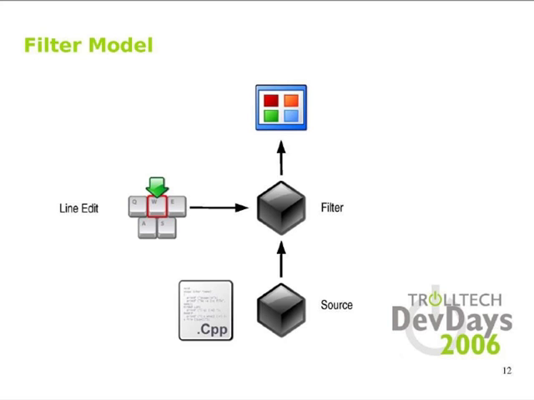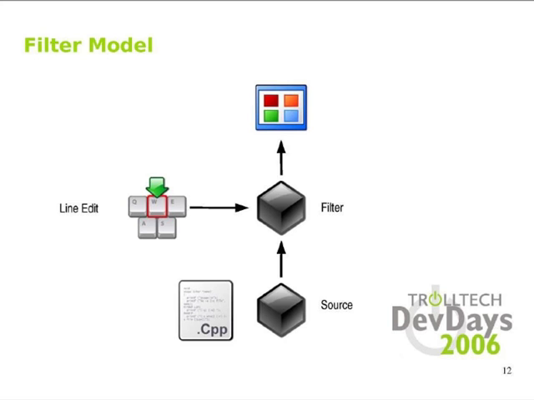So this is a little example that I made that loads in a text file. It's actually a source file from Qt. And I think it says the number of lines here, 3,330 lines of code. What I've done is that I've taken this source code and I put it in a model, and I simply add a filter model and connect the line edit to the filter model.